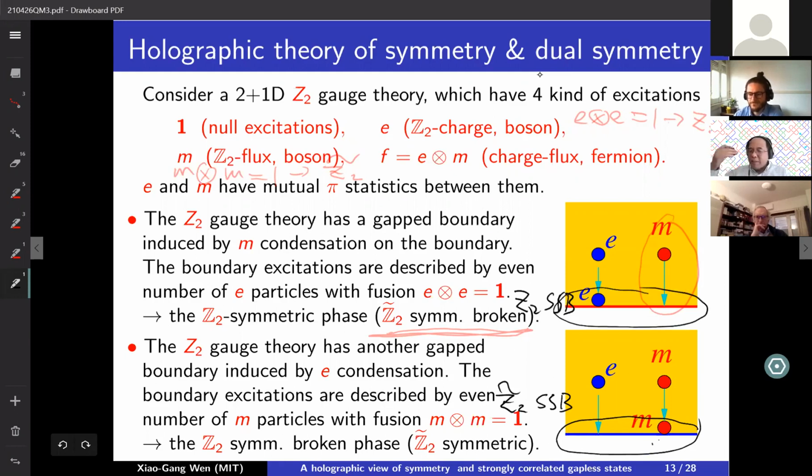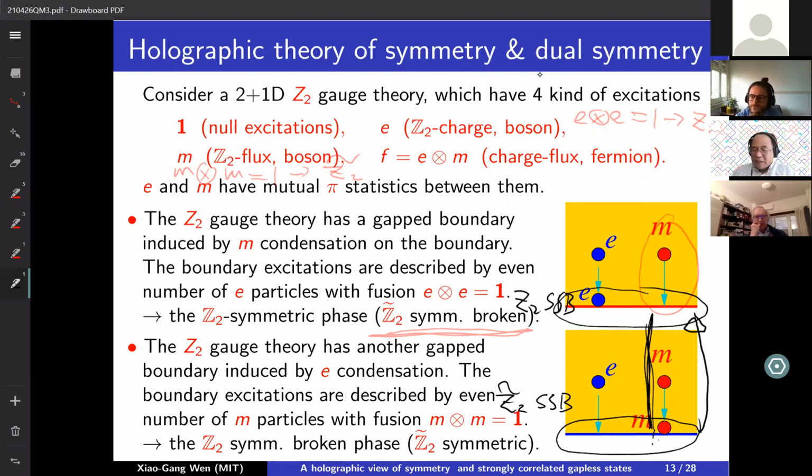One is an M condensation, another is an E condensation. And then the phase transition from this picture to that picture is the critical point we talk about, where nothing condenses. Nothing condensing is a gapless critical point between these two boundary phases. So we have two different boundaries due to different condensations. The boundary phase transition is where nothing condenses, and that's a critical point.